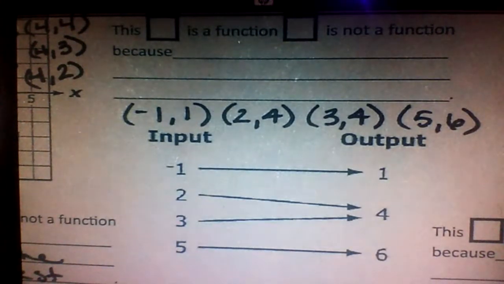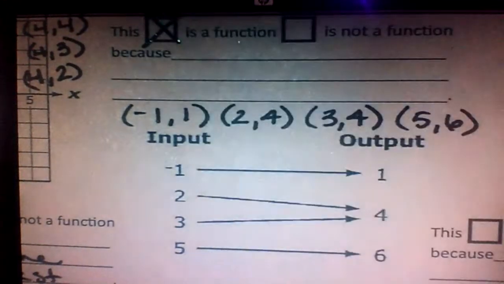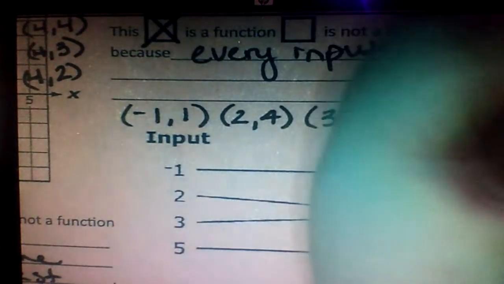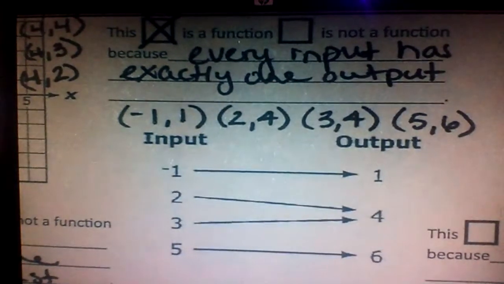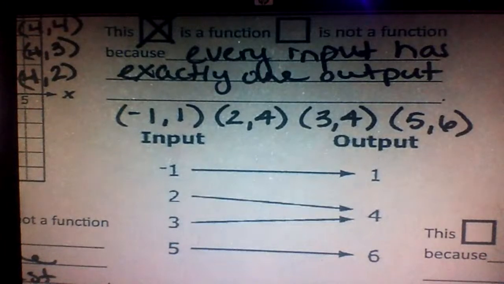Every input has exactly one output. So this is a function because every input only goes to one output.